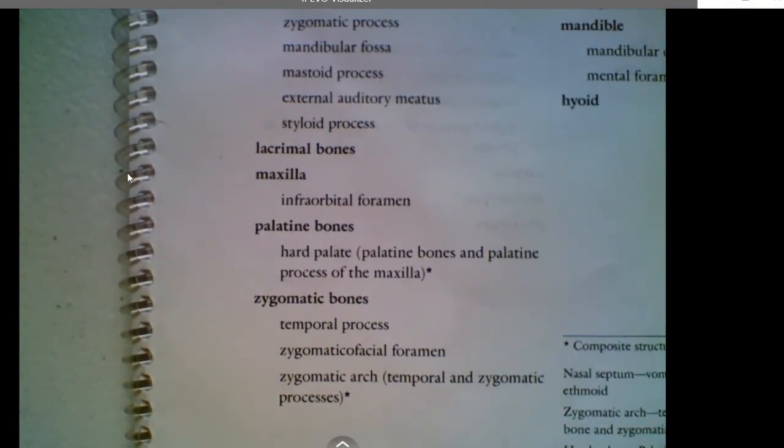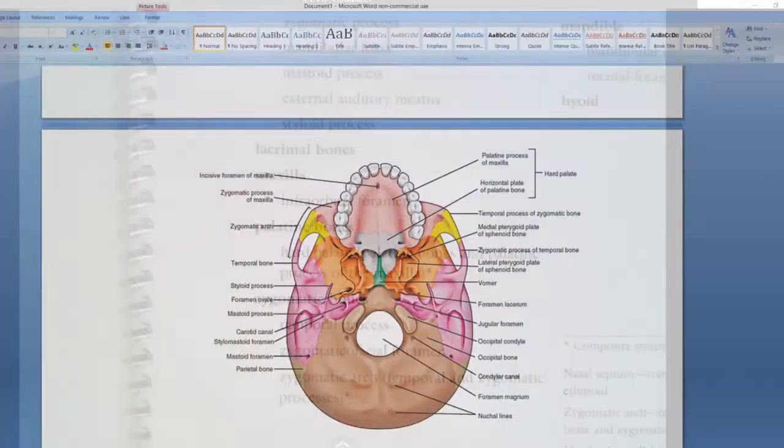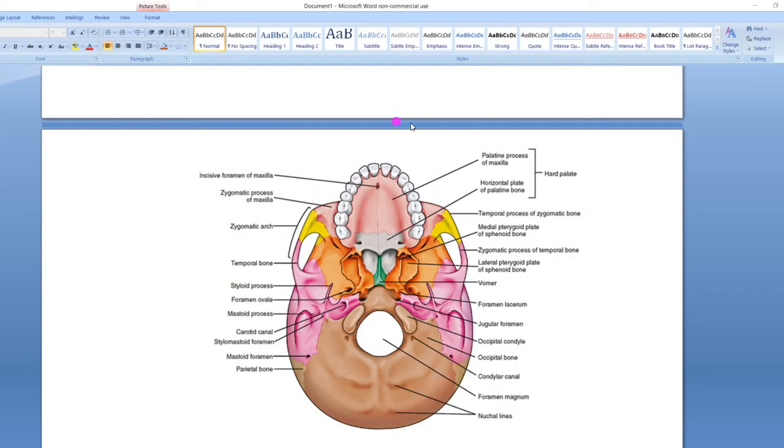Now, what you need to know for the test is just that this upper portion of the roof of your mouth is the maxilla. The bottom part's the palatine bone. The entire roof of your mouth is just called the hard palate. And that hard palate is going to be not a bone, but kind of a composite structure.